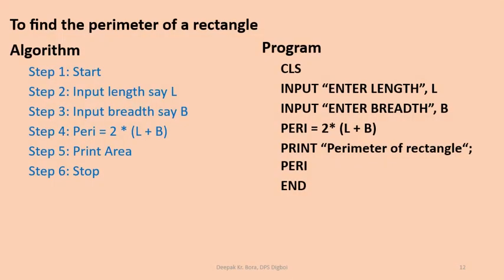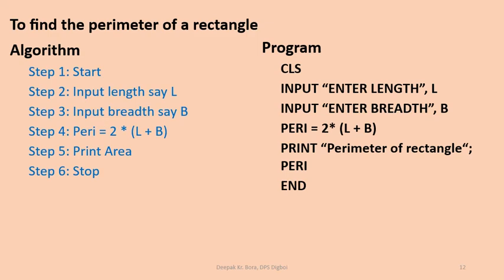So dear students, I'm taking the next example, to find the perimeter of a rectangle. You can see the algorithm here and the corresponding program. The most important part, as I discussed earlier, is that any particular problem or program will have an input, then a processing logic, and an output.